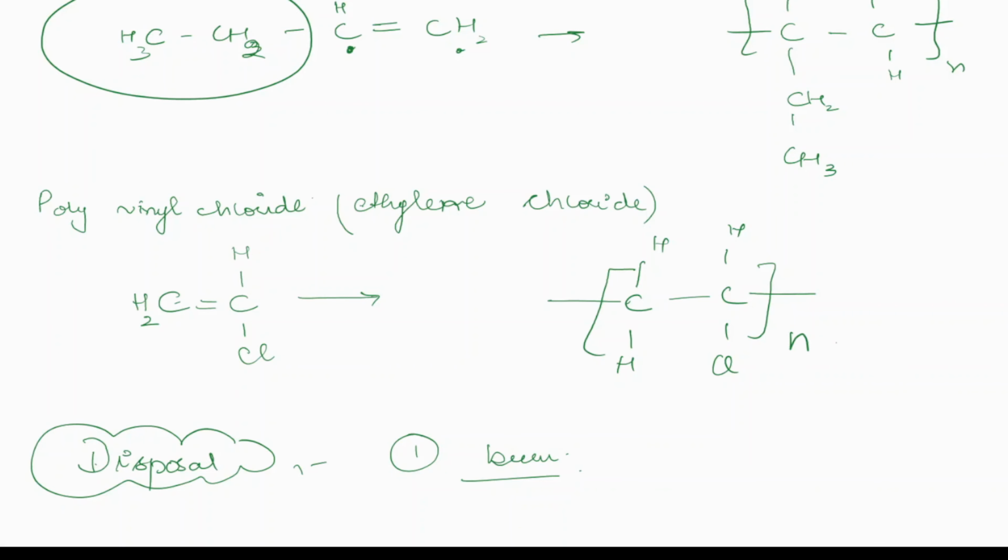What would that bad effect be? We discussed in the very start that the combustion of organic compounds always leads to the production of carbon dioxide and water. Carbon dioxide is going to increase the temperature of the earth. It would contribute to greenhouse gases and result in global warming.